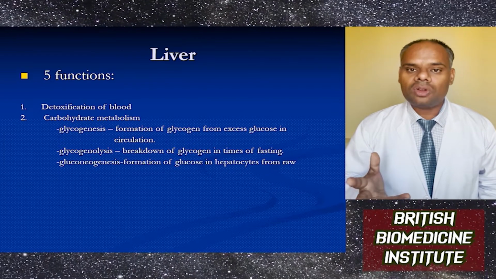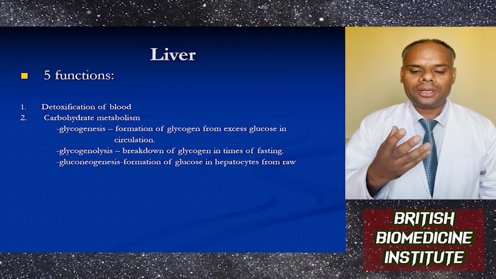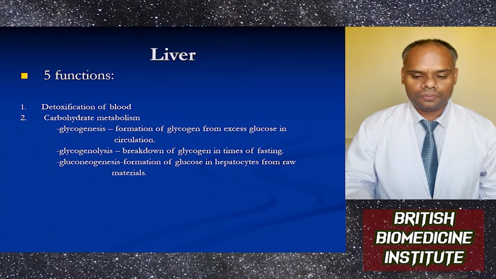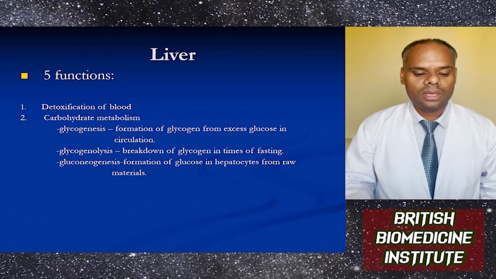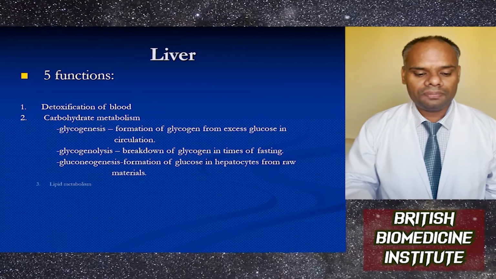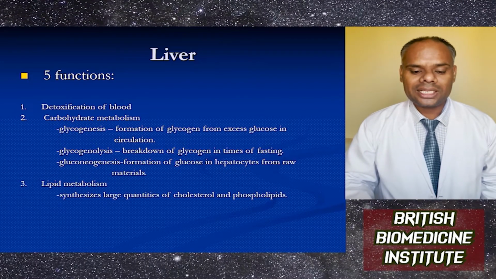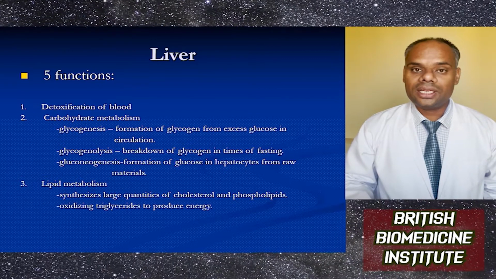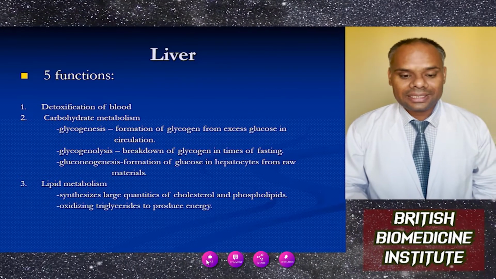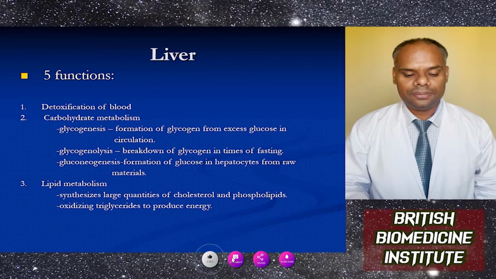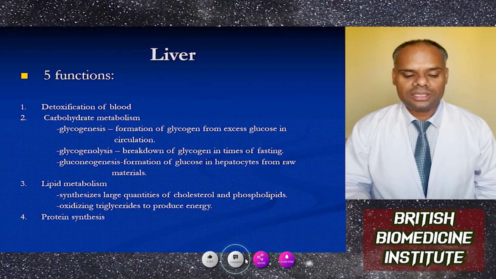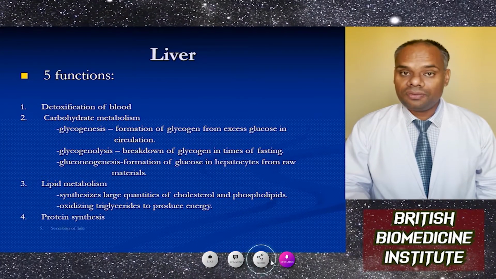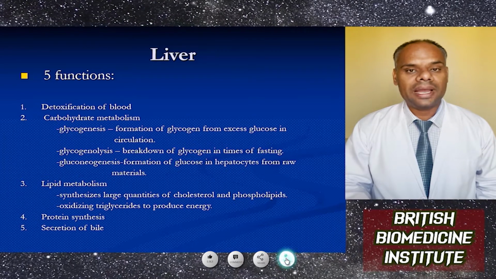Gluconeogenesis is the formation of glucose by hepatocytes from raw material. Third is lipid metabolism, synthesizing large quantities of cholesterol and phospholipids and oxidizing triglycerides to produce energy. Fourth is protein synthesis, and fifth is secretion of bile juice.